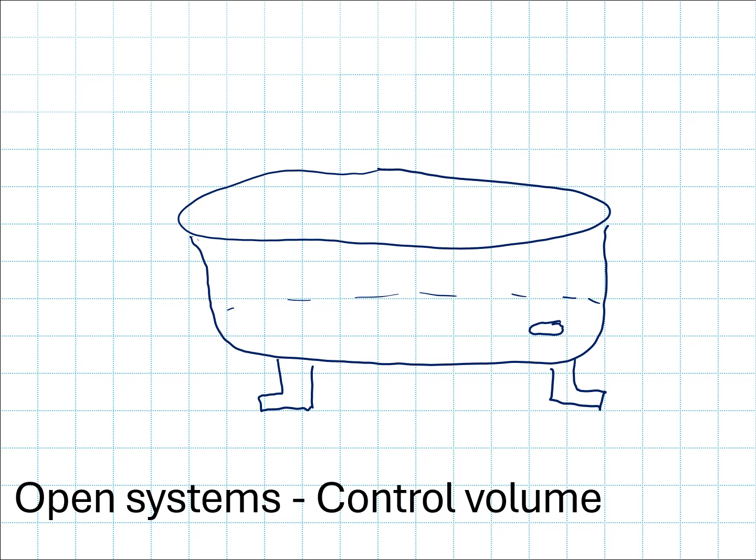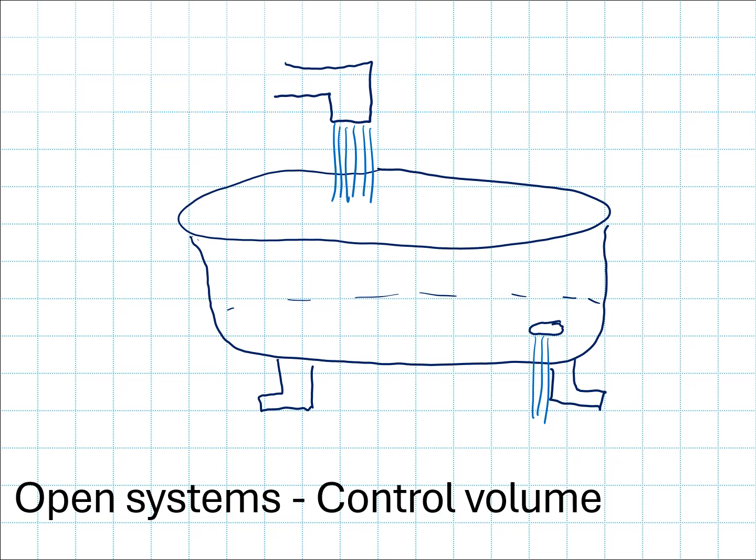So my bathtub has a drain in the bottom, and water comes into my tub through a faucet. Water's coming in here, and it can leave through this drain, like right here.